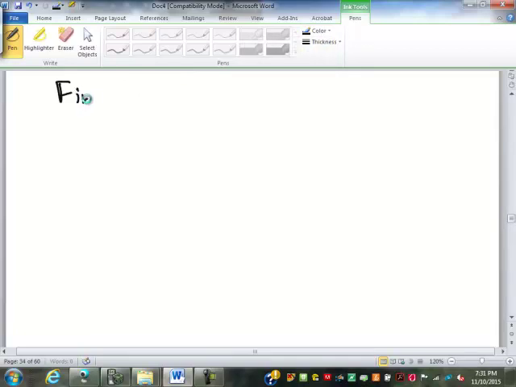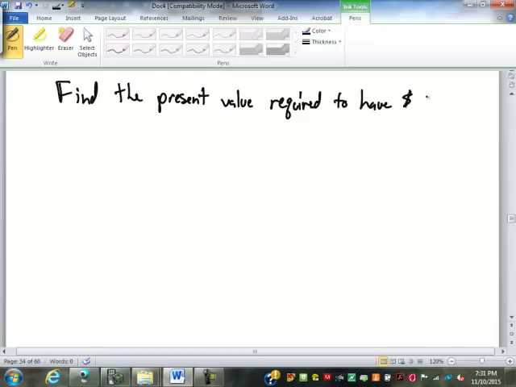So find the present value required to have, let's say you're looking at an inheritance, you want to put money away for your child's college. So you need $40,000 for college.